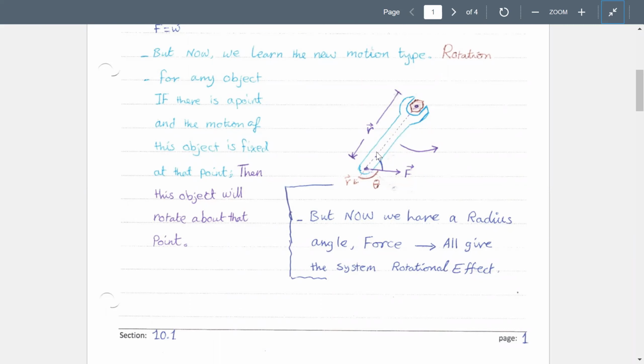The radius from the center to the point where the force is acting is R, from here to here, so the direction of R is outward from the center. So this is the direction of R, and this is our force. We need the angle from R to the force, so it is counterclockwise from R to F. This angle may differ from experiment to experiment. Sometimes the force is in this direction, sometimes it is in this direction, and so on.